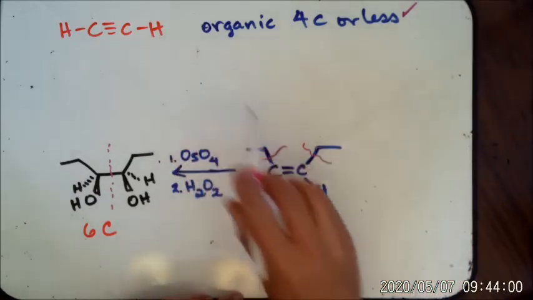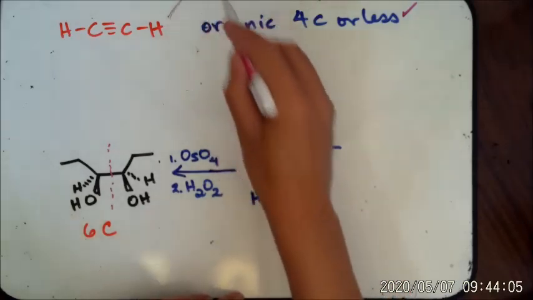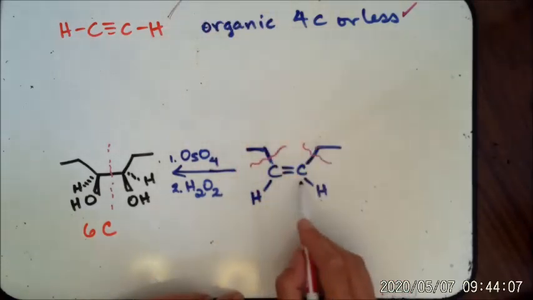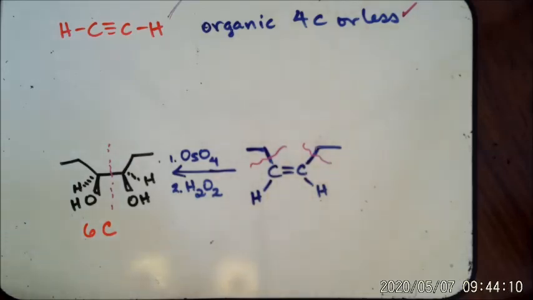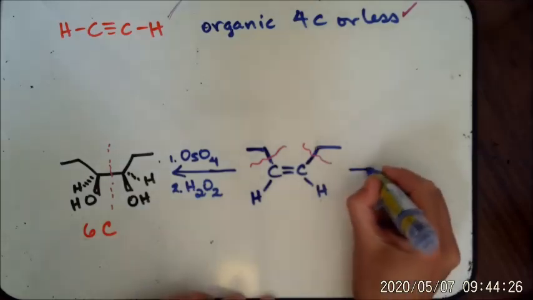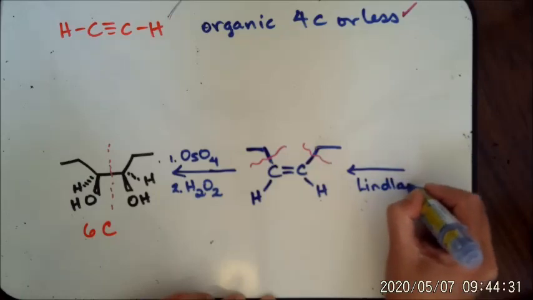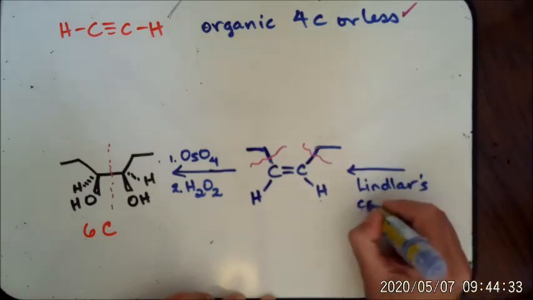I start from acetylene and I know how to get an alkene. So that part will be satisfied. And when I look at my alkene, I'm thinking, I need to figure out how to get a cis alkene. And the way you get a cis alkene, because I'm adding 2 hydrogens, is to use Lindlar's catalyst. I just can't write Lindlar's catalyst because I need to put in my hydrogen.